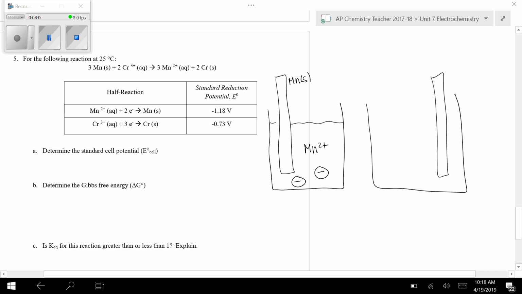Maybe they're nitrates, it's just something that allowed us to dissolve some manganese ions in water. And over here on this side you've got some solid chromium, and then you've got some chromium ions, and then some negative anions in this solution as well.